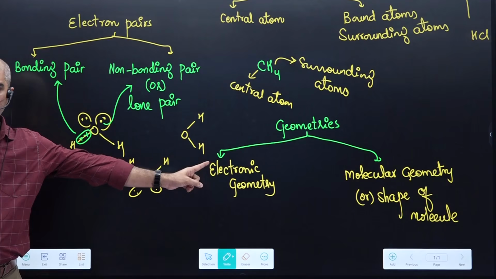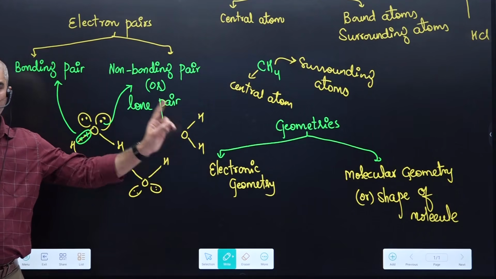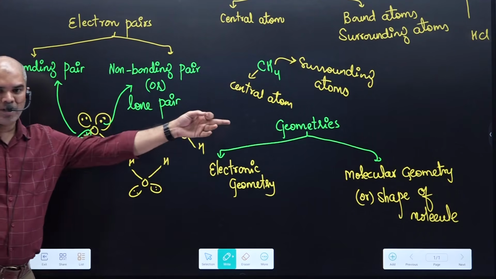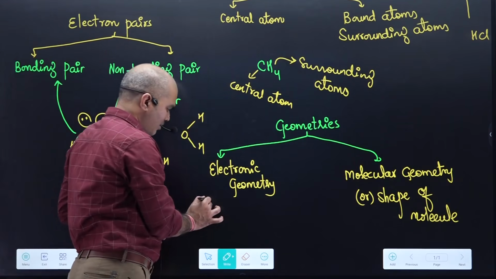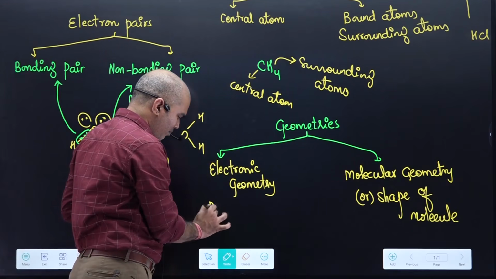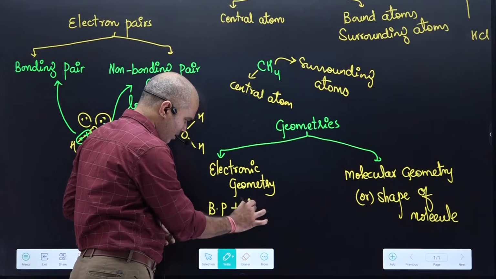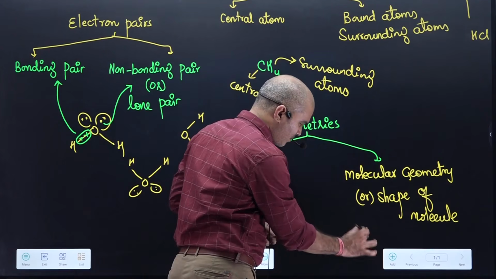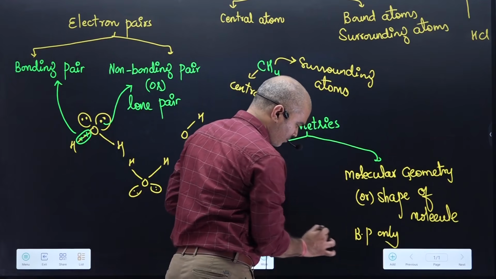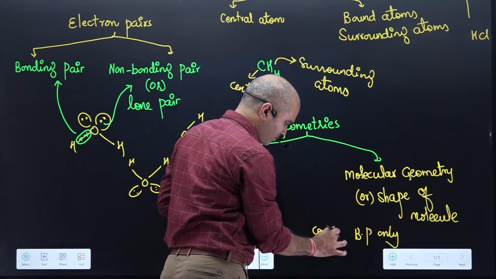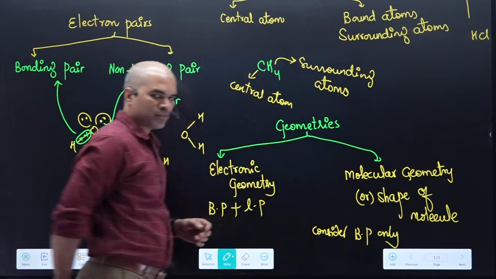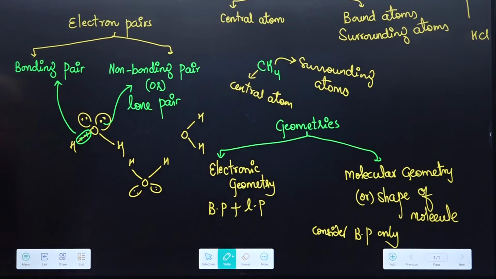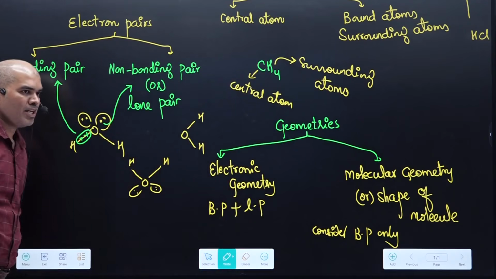If you consider only bond pairs, it is molecular geometry. So electronic geometry means bond pairs plus lone pairs. This is only bond pairs. Consider bond pairs only. Here you consider bond pairs as well as lone pairs.